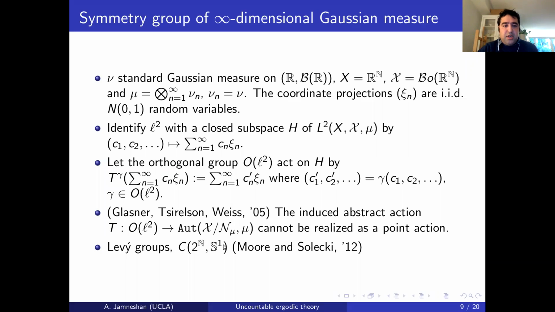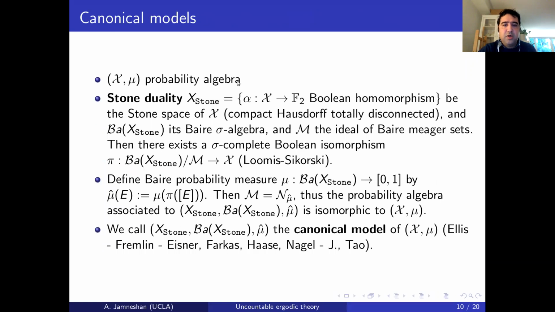Okay, so this raises the question: if we want to work with such a dynamical system, how do we do basic measure theory? One way to do that is to pass from an abstract system to a canonical model.